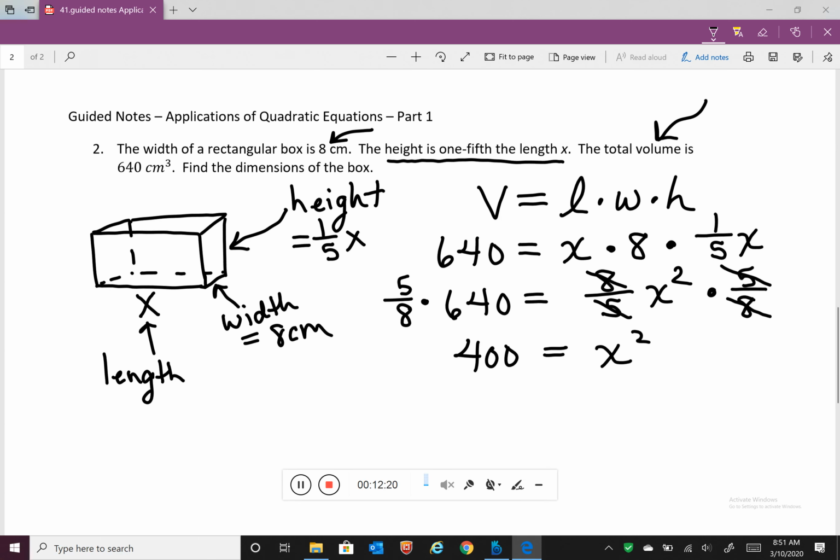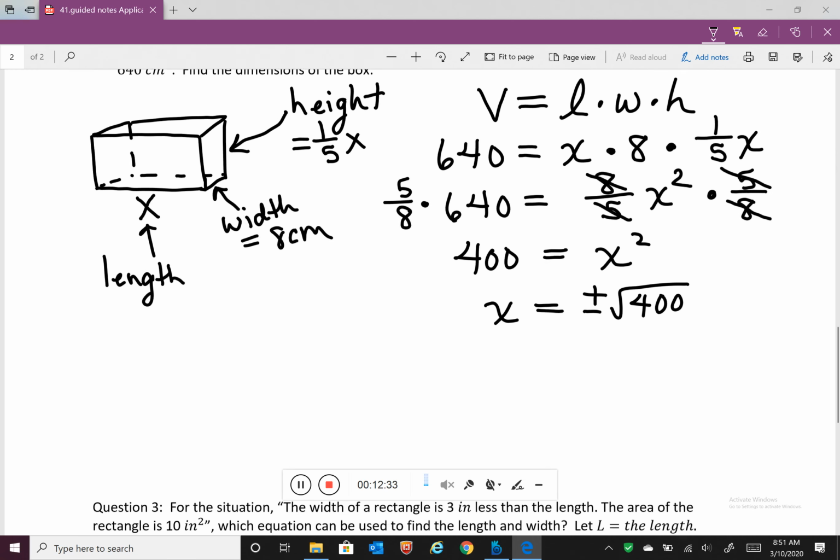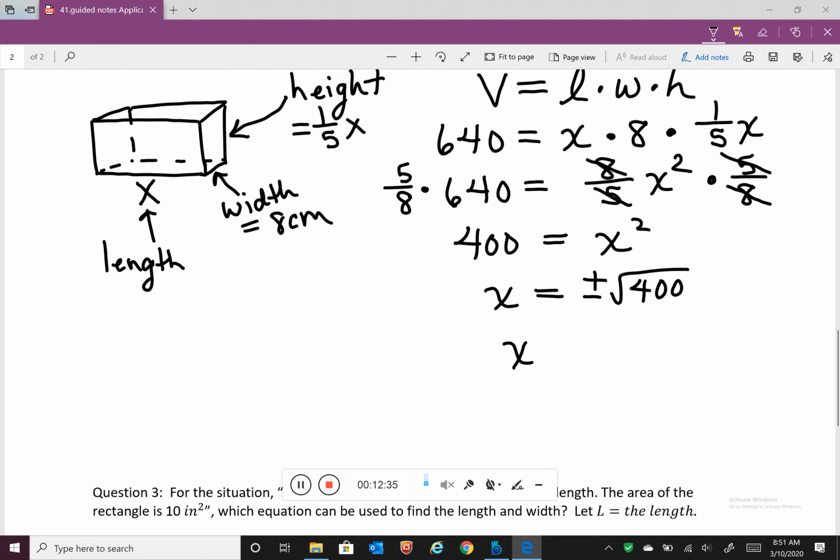equals x squared. And this is a great review problem because notice now we're going to use the square root property. We're going to solve for x by taking the positive and the negative square root of 400, which means x is equal to positive or negative 20.